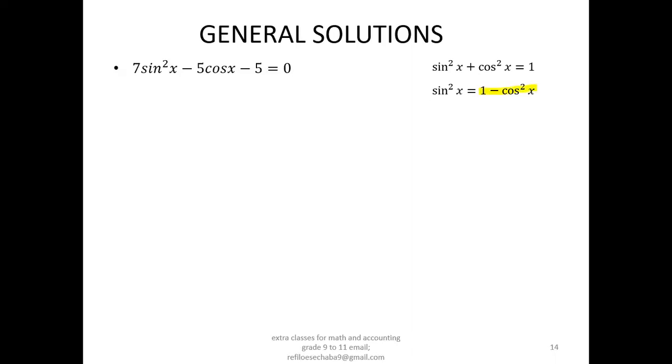Take this 1 minus cos squared x and substitute it into sine squared x. Note that we're substituting into sine squared x, not 7 sine squared x. No, we're substituting into sine squared x. 7 still stays there. All I did is that where there is sine squared x, I substituted that 1 minus cos squared x.